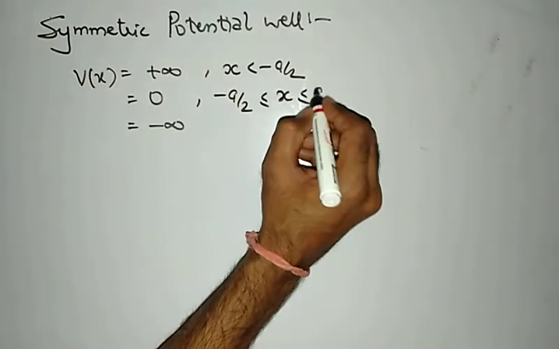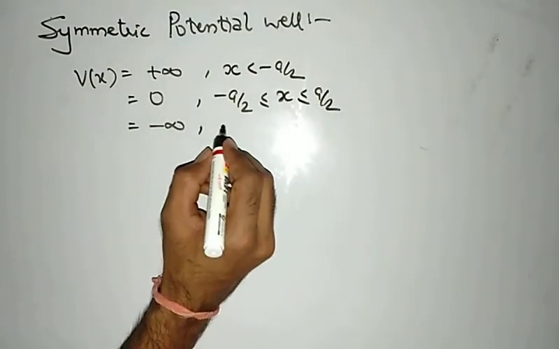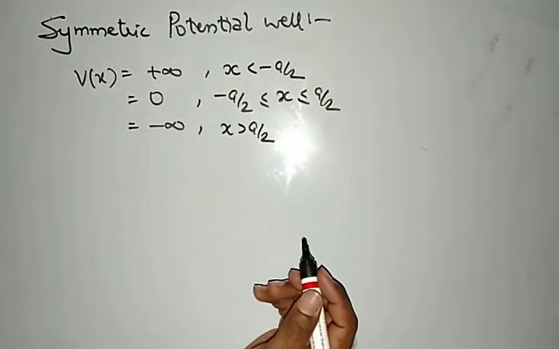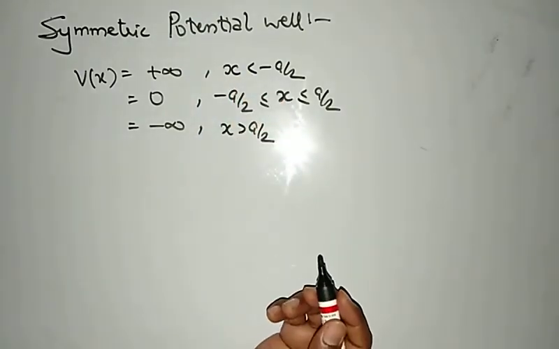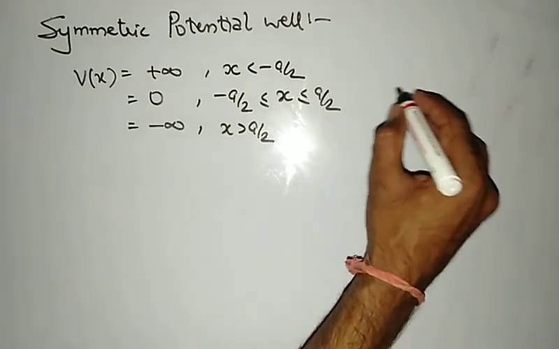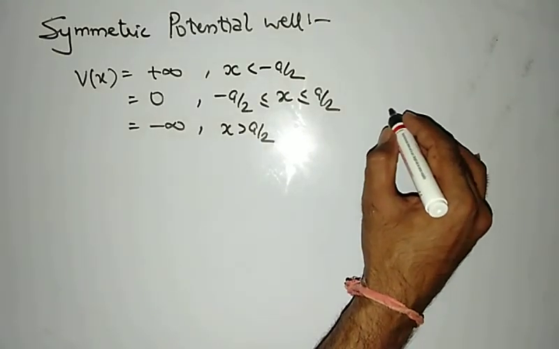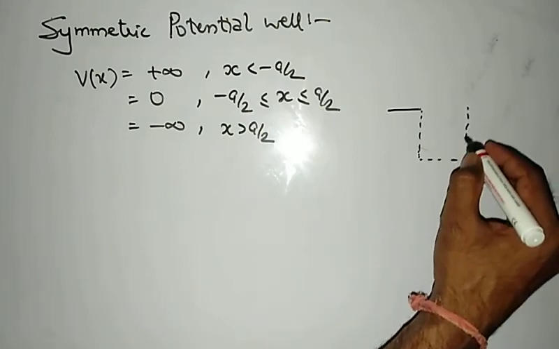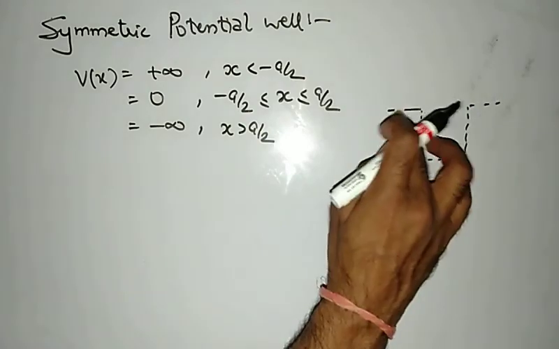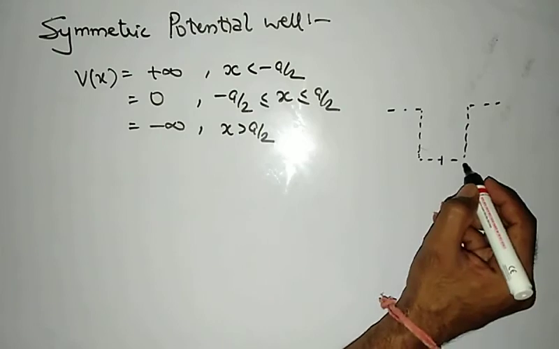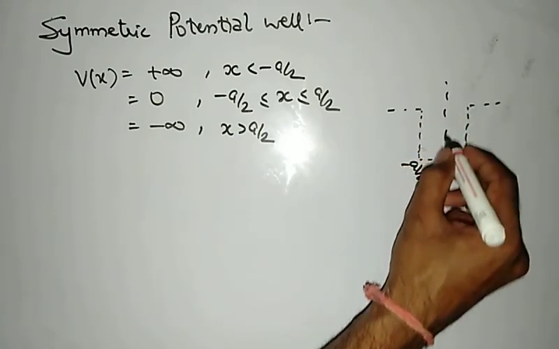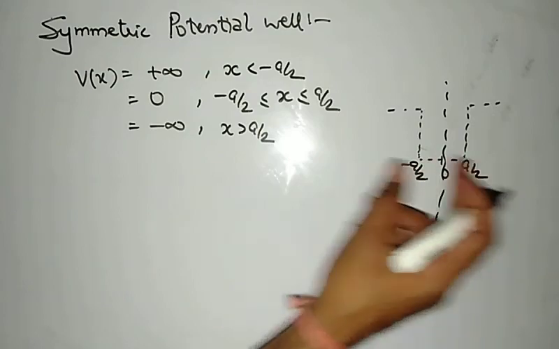This is only a translation by a by 2, so that it will be symmetric with respect to the center of the well. You will see this: taking here a by 2 and minus a by 2, 0, so this will be symmetric. So, the symmetric potential well.